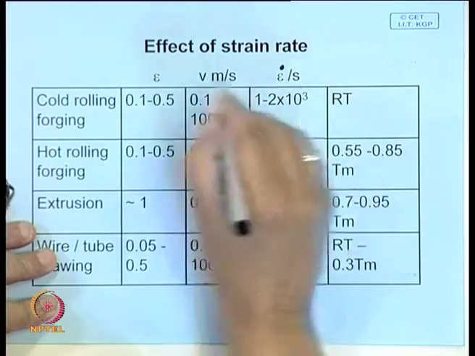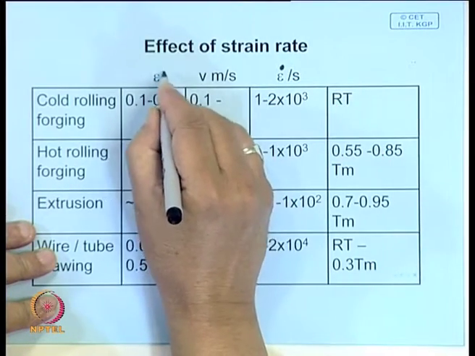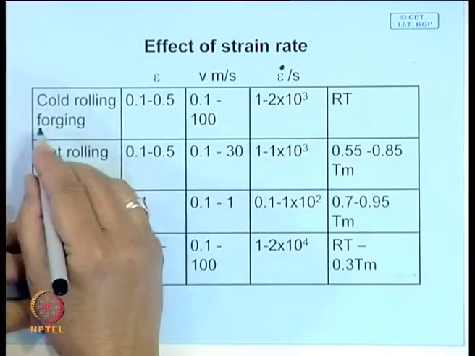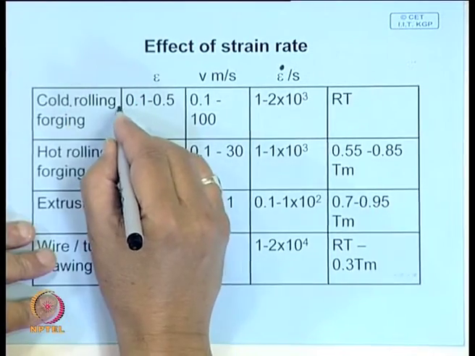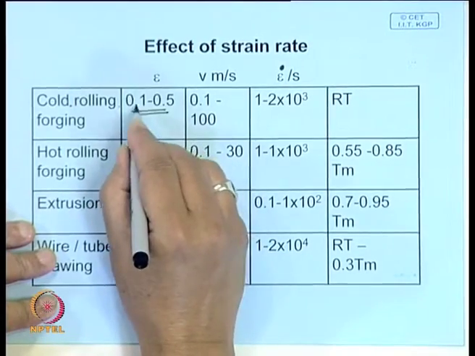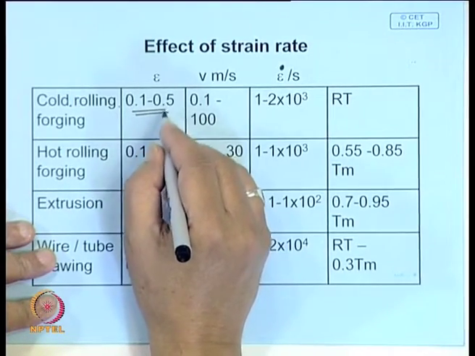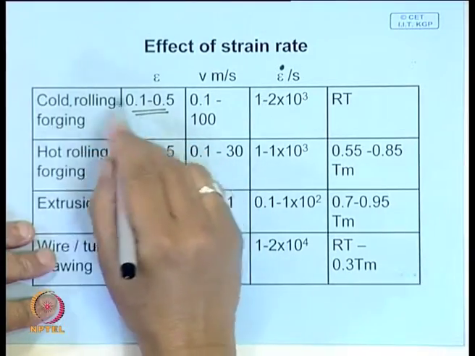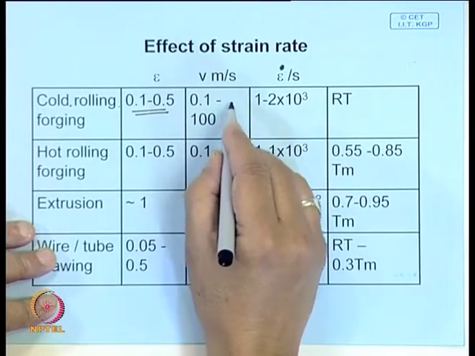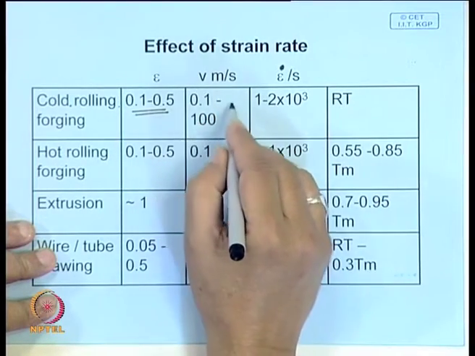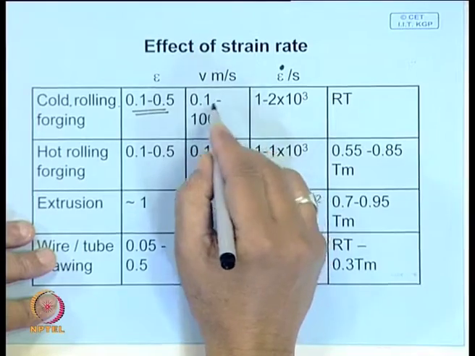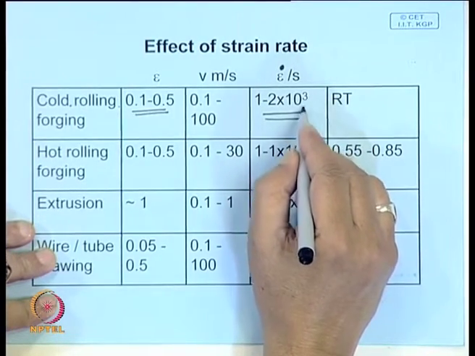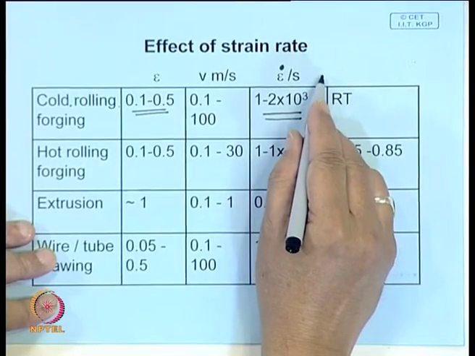This is the amount of strain that is normally given in cold forging or cold rolling, around say 20-30% per pass. And this is the velocity at which the process takes place, and the strain rate is of the order of 10 to the power 3 per second.